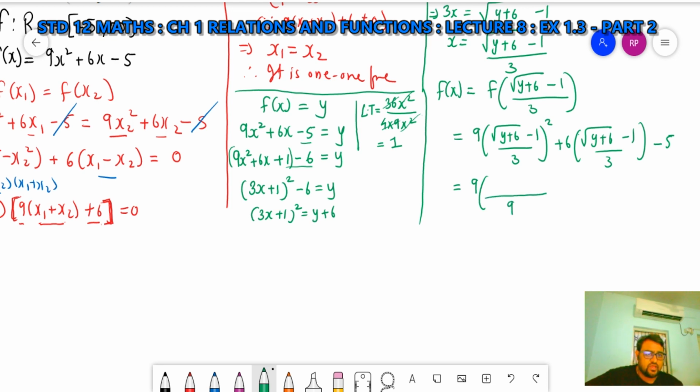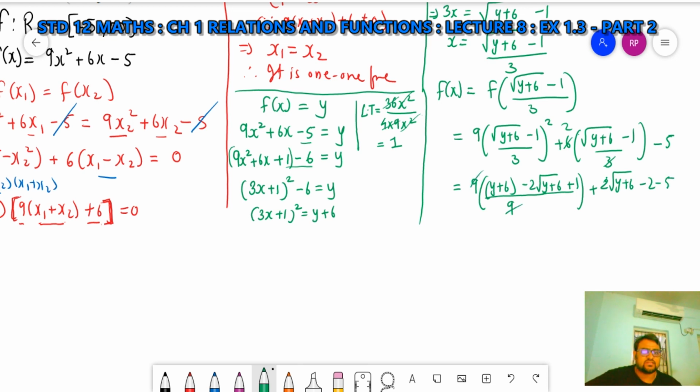Clear? So (a minus b) whole square, a square that is y plus 6, minus 2ab, 2 root y plus 6, plus 1. Okay, plus 6 into... so 3 ones are 3, twos are... So 2 root y plus 6 minus 2 minus 5.